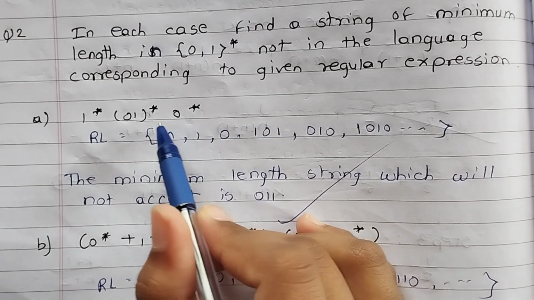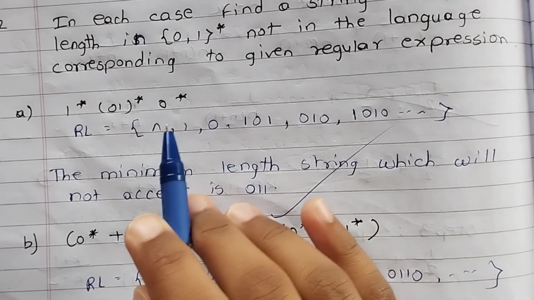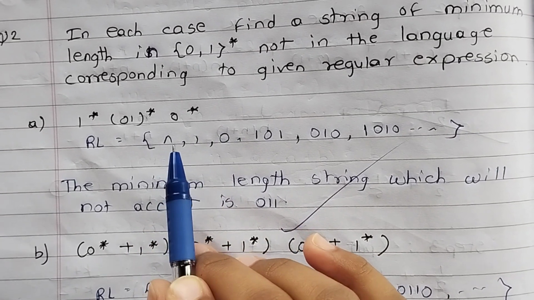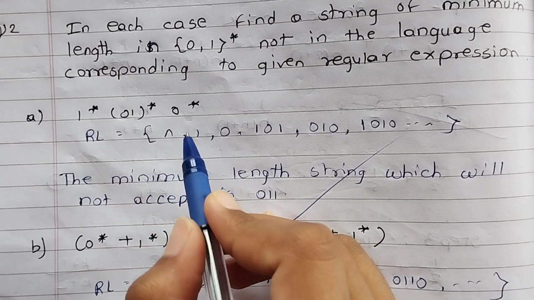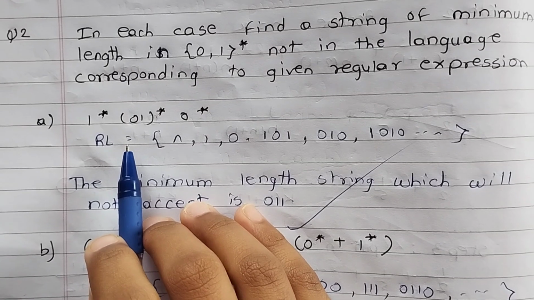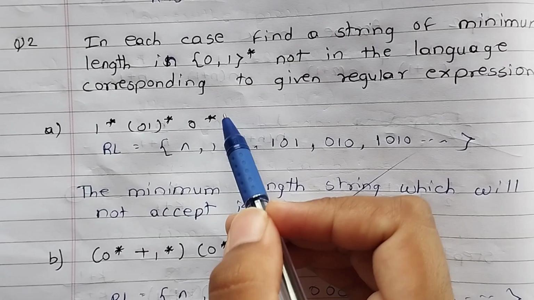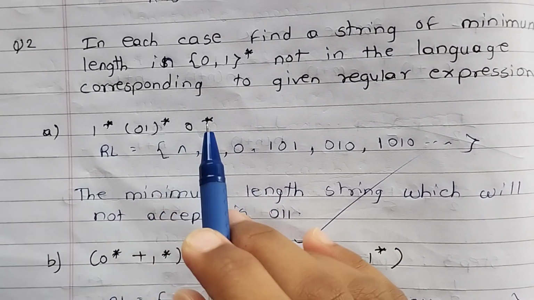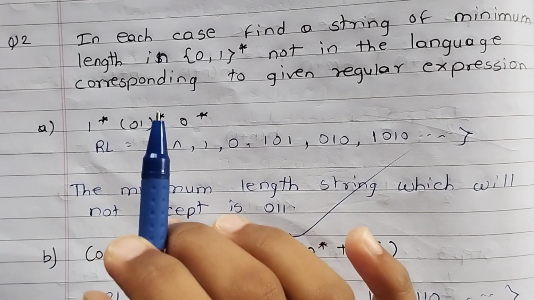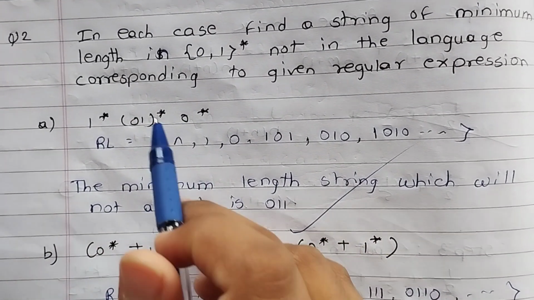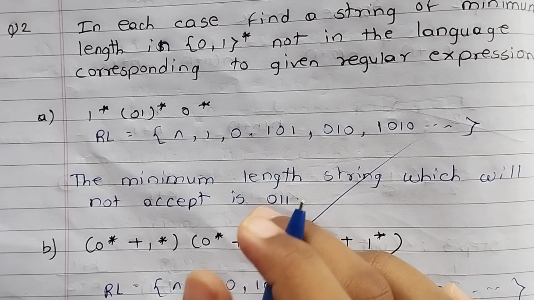And what we write in this set, meaning null or single 1, single 0, like in the previous example where we wrote null, single A, double A, separated by comma, this is the regular language. So if the question is to write the regular expression, then write in the form of this, and if the question is to write the regular language, then write in the set and write the strings separated by comma.